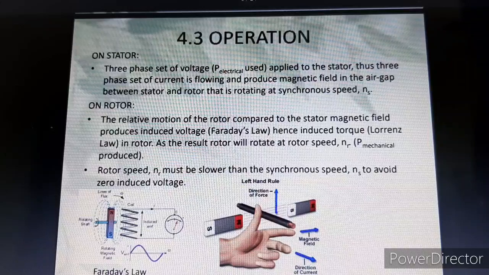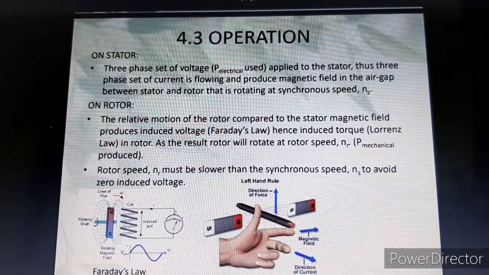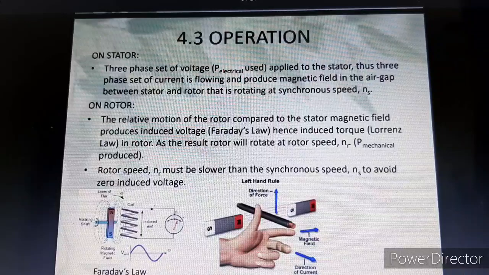So what happens on the stator? A three-phase set of voltage, that is your input electrical power, is applied on the stator. When we have a three-phase set of voltage, we will have a three-phase set of current flowing. When the three-phase current flows through the winding on the stator, a magnetic field will be produced in the air gap, between stator and rotor.